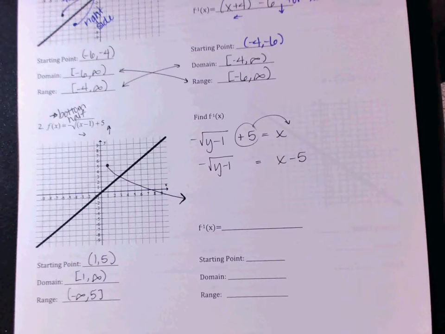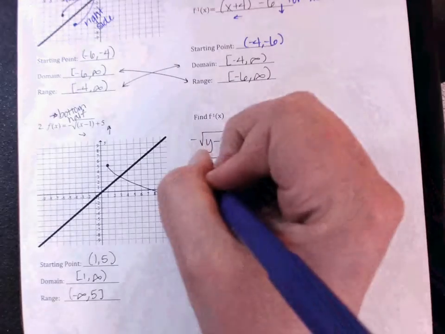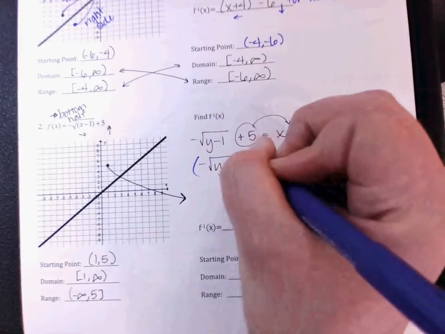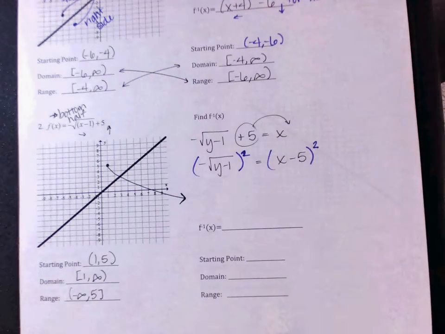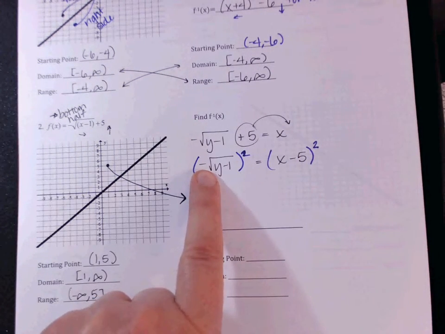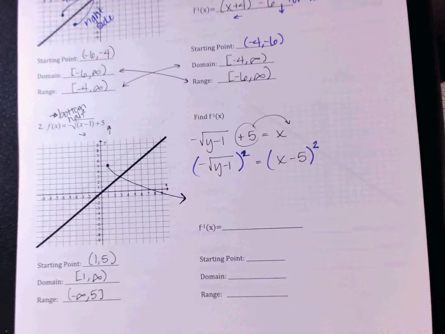Okay, now normally you would divide by -1, but there's a special property. Do y'all remember talking about that if it's a negative and you're going to square both sides, what's going to happen to the negative when you square both sides? It's going to end up crossing out anyway. So you don't have to worry about getting rid of the negative on a square root, because when you square both sides, it cancels out on its own. Okay? But normally, otherwise, you would have to take care of the negative.